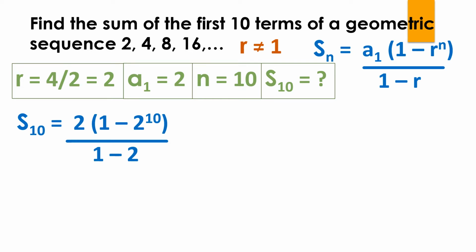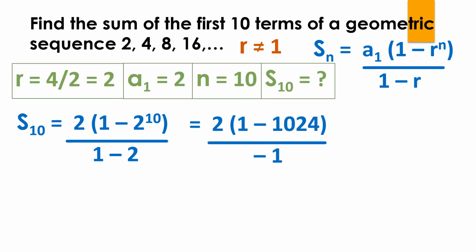All you have to do is to substitute the corresponding value of the variables to the equation. So we have S sub 10 is equal to 2, that is the first term, times 1 minus r, which is 2, raised to 10, and that is the value of n, divided by 1 minus r, which is 2.